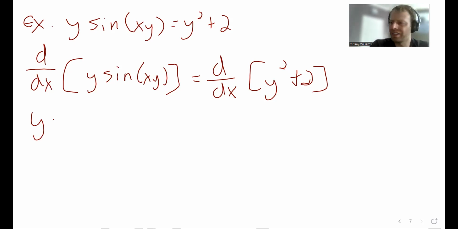So the derivative of sine of xy, and this is going to be a mess right here. Watch what happens. So sine of xy, you're going to do chain rule. So sine is my outermost function. I have to do the derivative of sine, which is cosine, times, now you go inside to the xy and you do the derivative of that, which in itself is going to be a product rule.